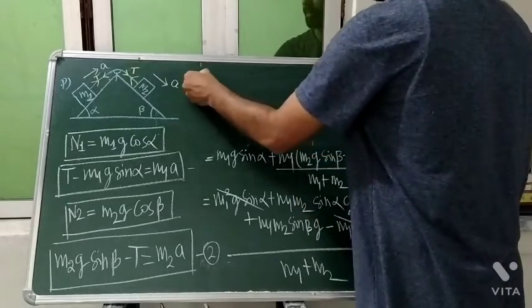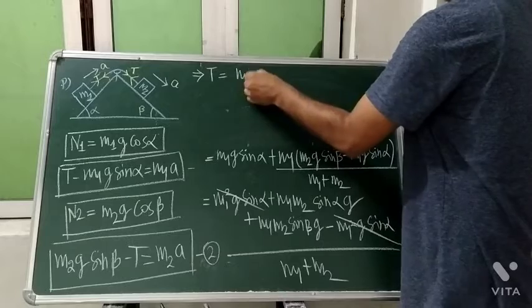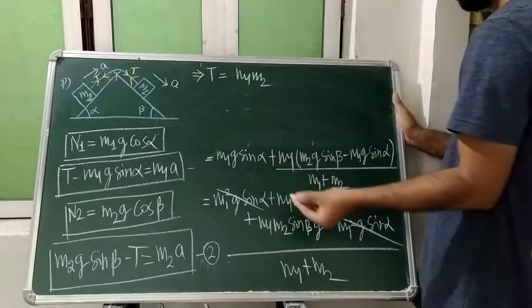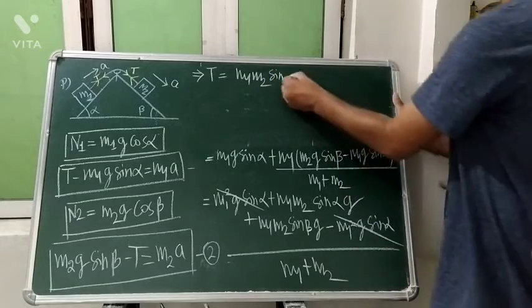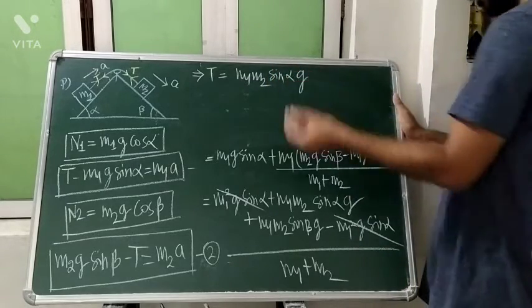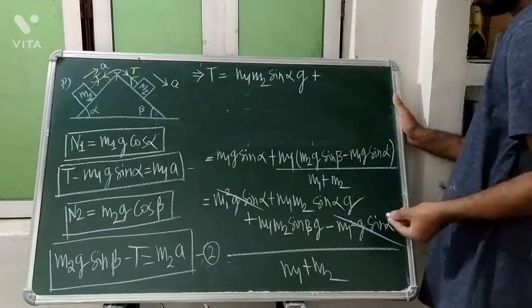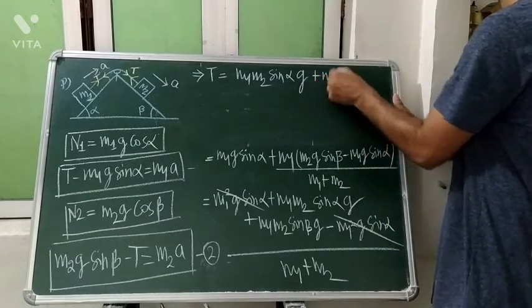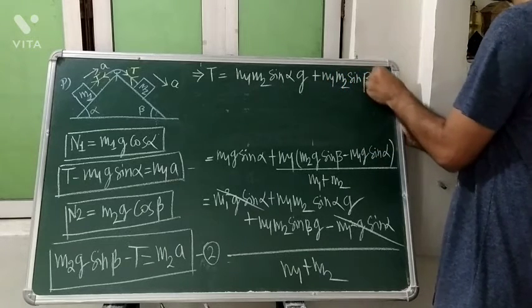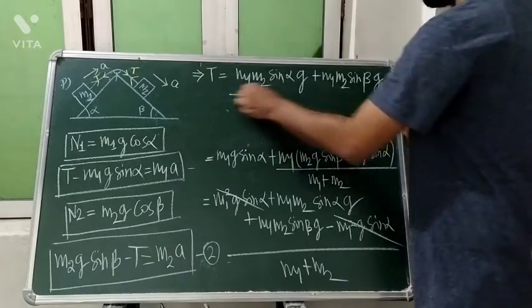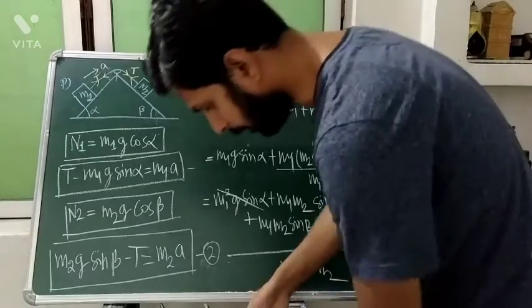Here you will get our tension as m1 m2 sin alpha times g plus m1 m2 sin beta times g, divided by m1 plus m2.